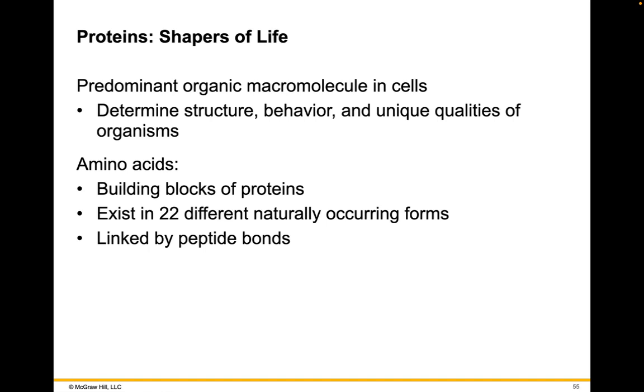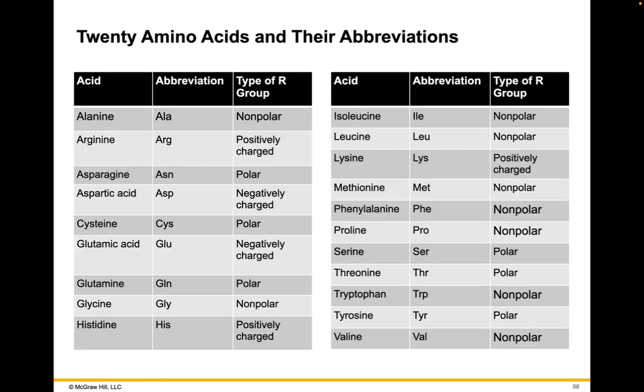So what are proteins made of? Carbs are made of monomers. Lipids are made of fatty acids and glycerols. Proteins are made of amino acids. And there are 22 naturally occurring amino acids in nature, and we link them together by something called peptide bonds.